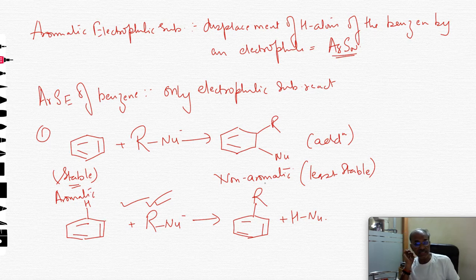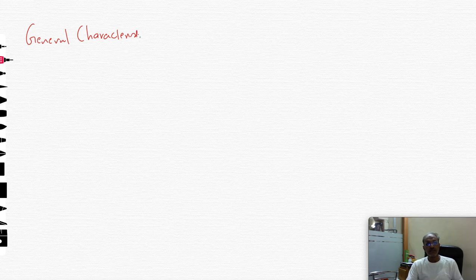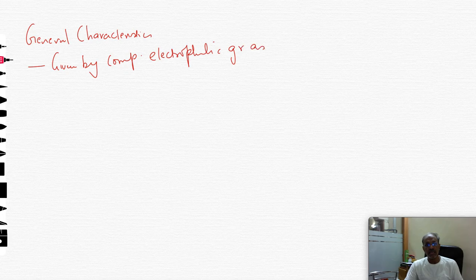Now, what are the general characteristics of aromatic electrophilic substitution reaction? First, it is given only by those compounds having an electrophilic group as a leaving group, for example hydrogen or COOH.